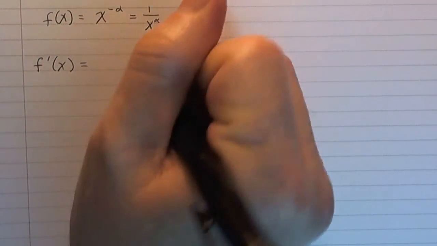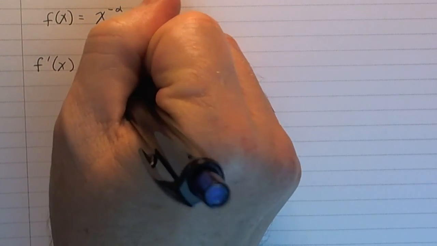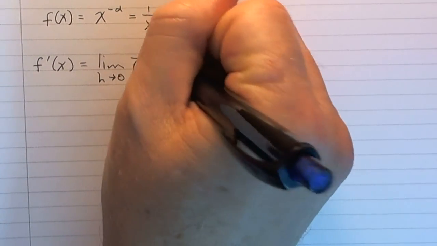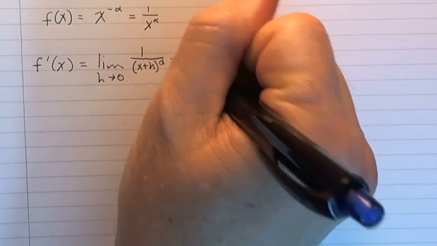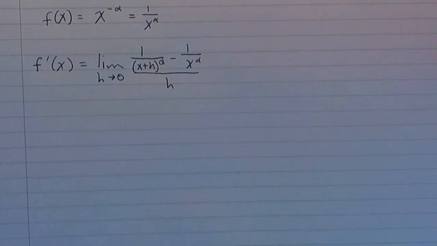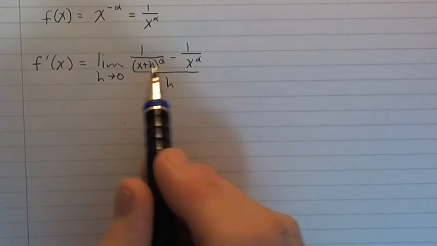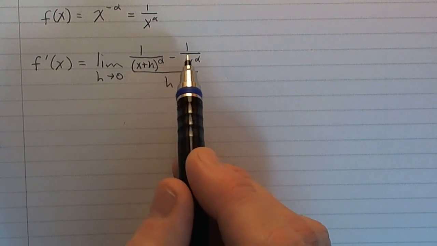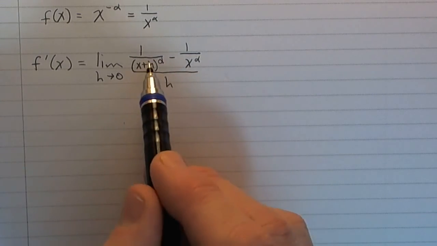The derivative is going to be the limit of 1 over x plus h to the alpha minus 1 over x to the alpha, over h. Right? Now remember how we deal with simplifying the difference quotient in this situation. We multiply by the common denominator.